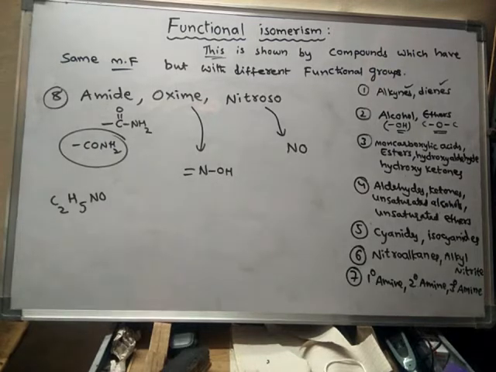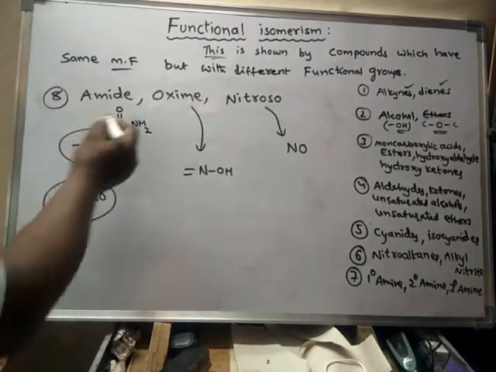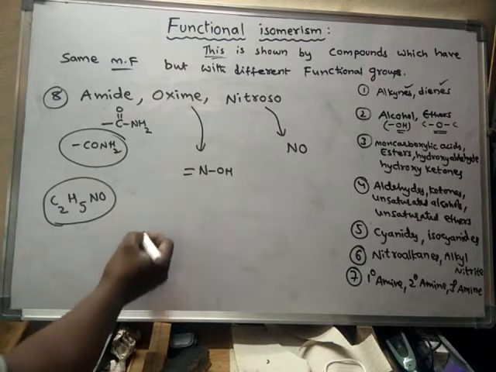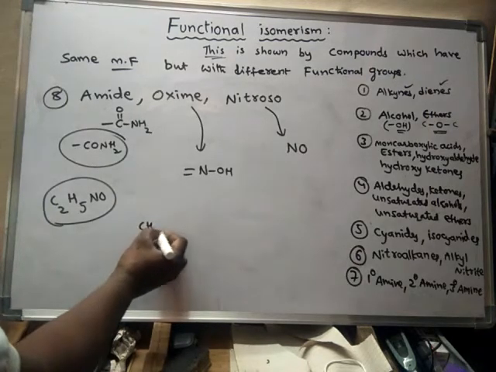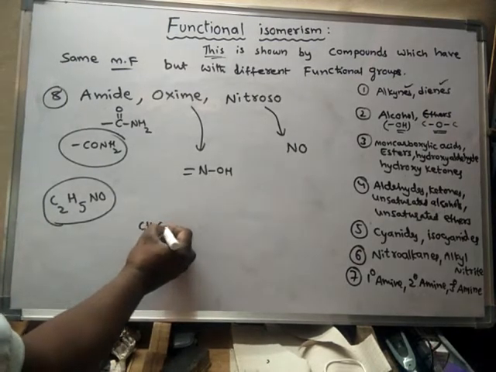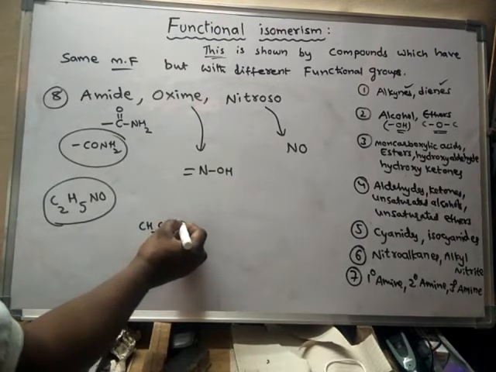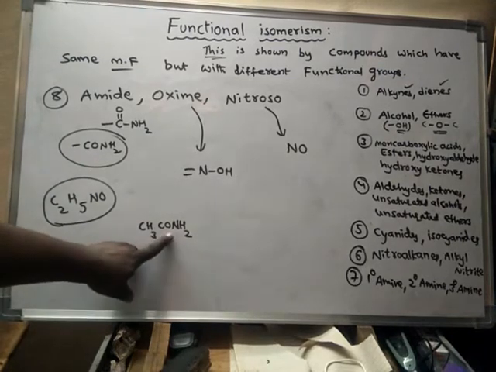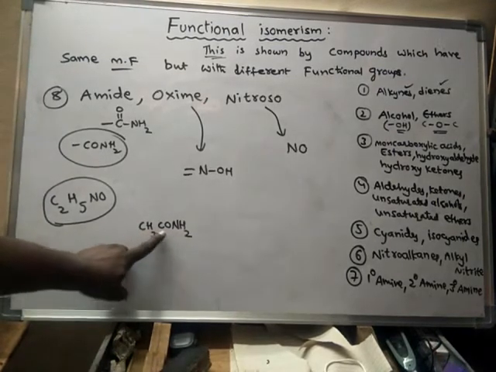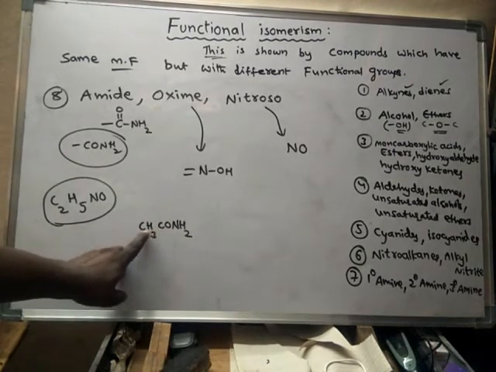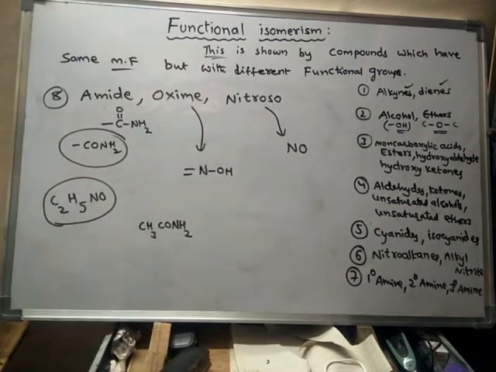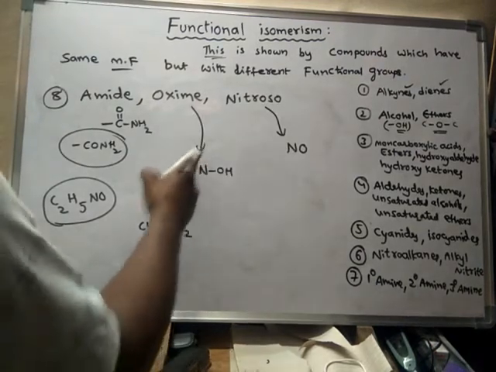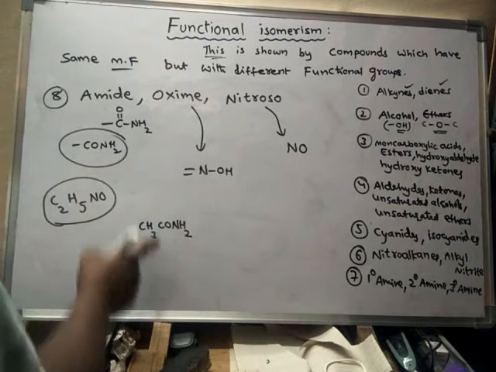With this molecular formula, I will write the amide CH3CONH2. This is ethanamide, 2 carbons, so this carbon is in continuation with this carbon. So ethanamide is related to amide.